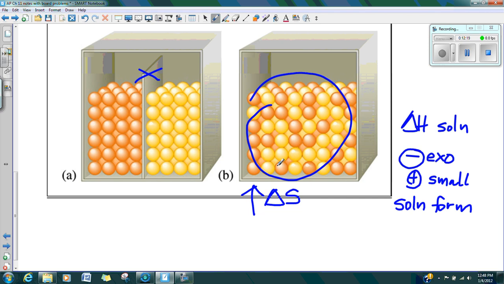So this goes back to the same thing that we've used before in the past, that like dissolves like. Nature desires a mixed state. Nature desires something that has very low energy. It favors solution formation. It favors this to happen because there's less energy involved.